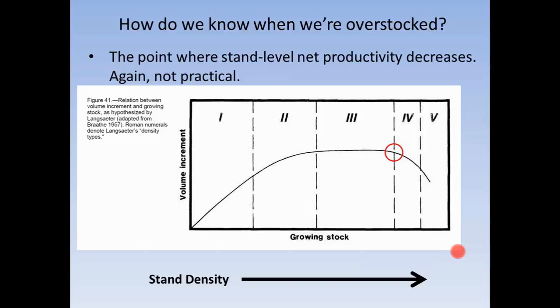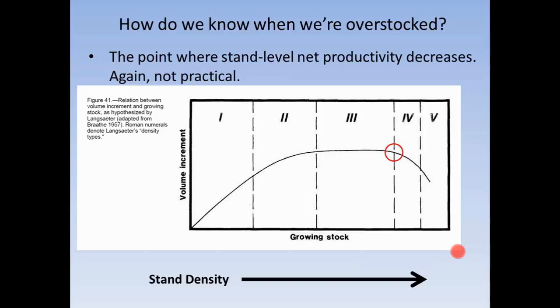So we look at things in different ways. We look at things in the crown competition factor approach, for example, but really virtually every measure of density that we've come up with tries to get back to that idea of how much space are trees taking up and then aggregating that.